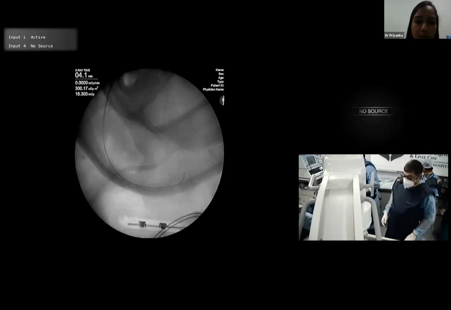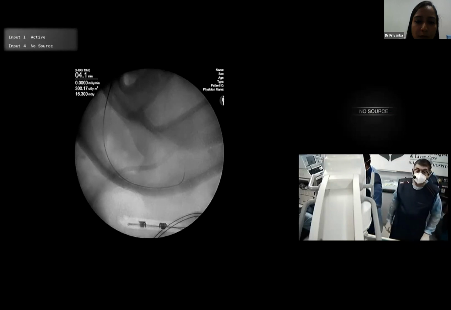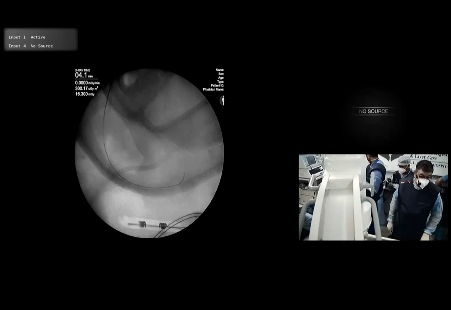So one question from Dr. Benjamin. How long would you as an expert try EUS-guided BD in failed cannulation before resorting to IRT? So normally it doesn't take more than half an hour, Benjamin.